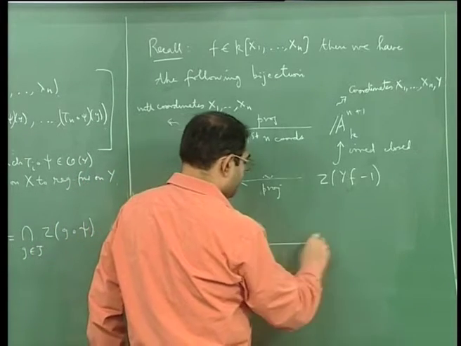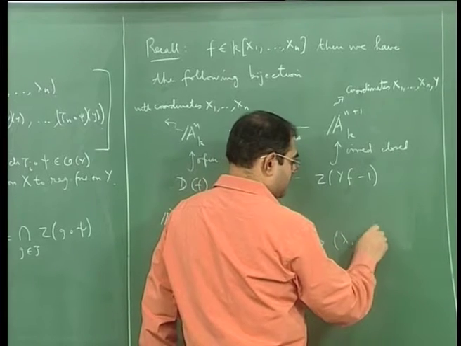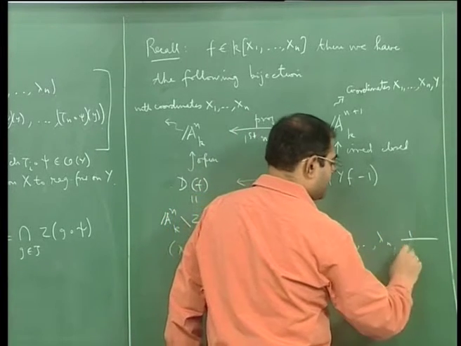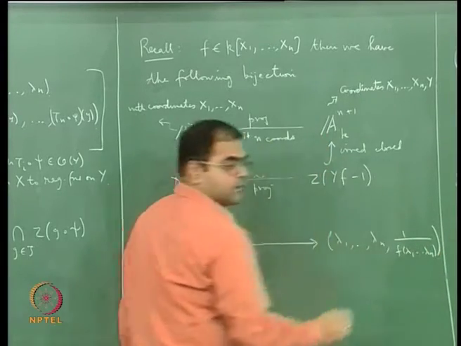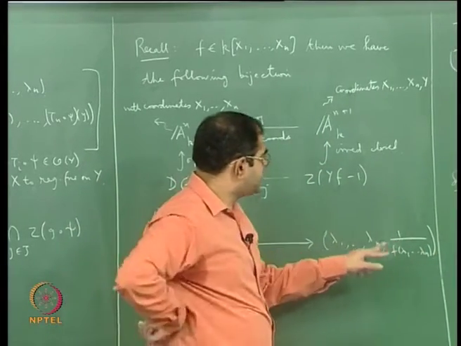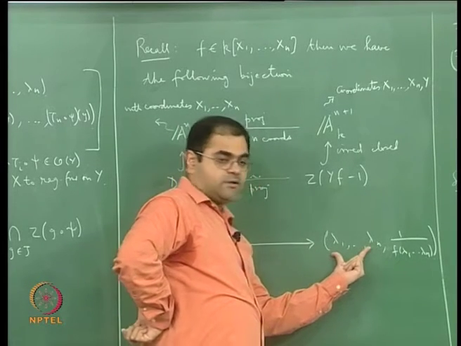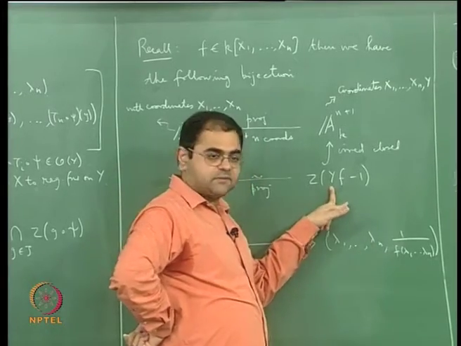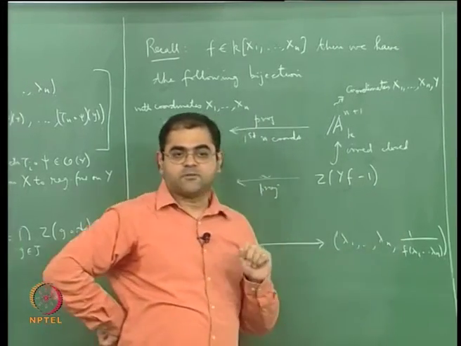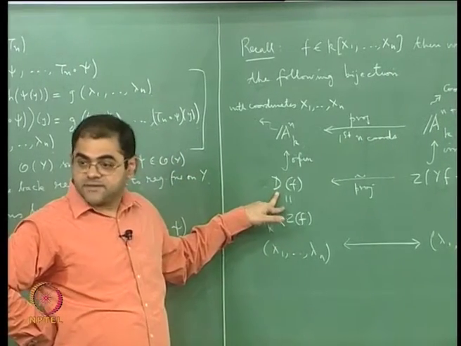You simply associate to it this element lambda1 through lambdan, and then you add 1 by f of lambda1 through lambdan. Then this satisfies the equation y times f applied to the first n coordinates minus 1 equal to 0, and I can invert f of lambda1 through lambdan because lambda1 through lambdan is in the locus where f does not vanish, okay.